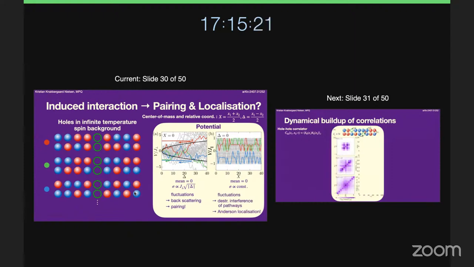But what happens instead is that there are many ways in which the two holes will propagate to another side. And through all these different pathways, they will see a different energy shift for each. This leads to destructive interference of the pathways, and it's basically the physics of Anderson localization. So the center of mass is Anderson localized, and they pair up by backscattering.